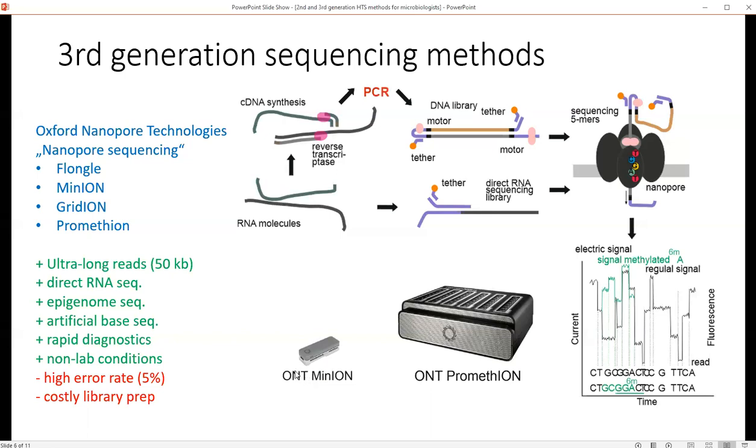It's around 900 euros for the small equipment. However, the library preparation is quite costly, so end users have to consider that this is one of the most expensive steps in nanopore sequencing.